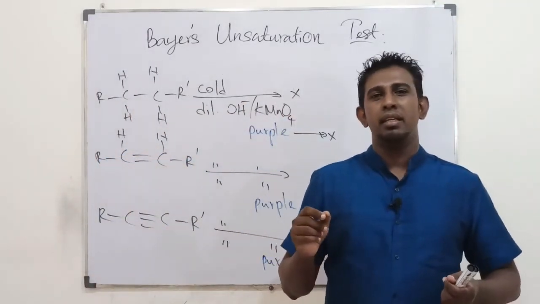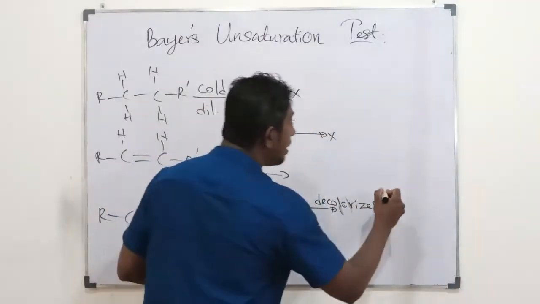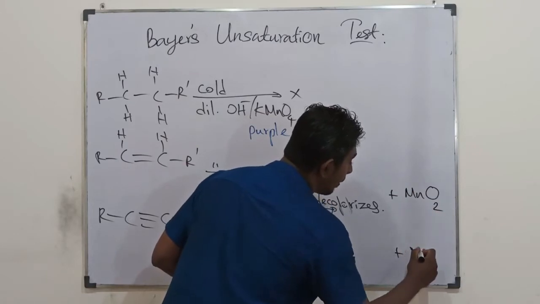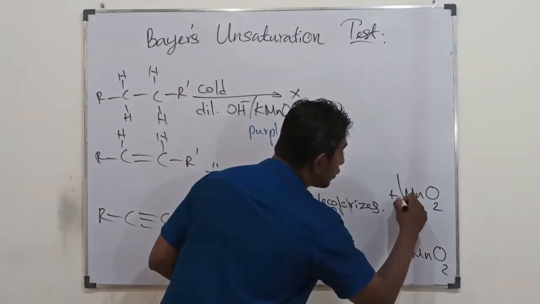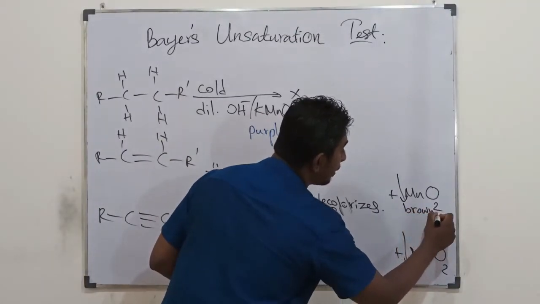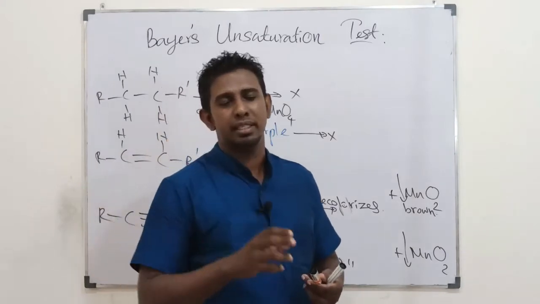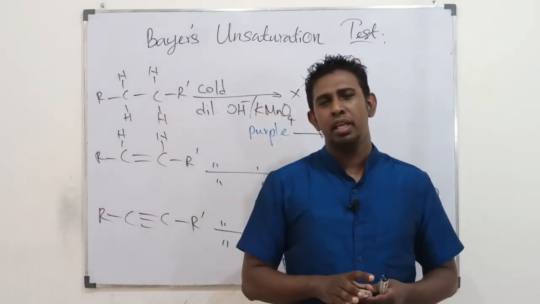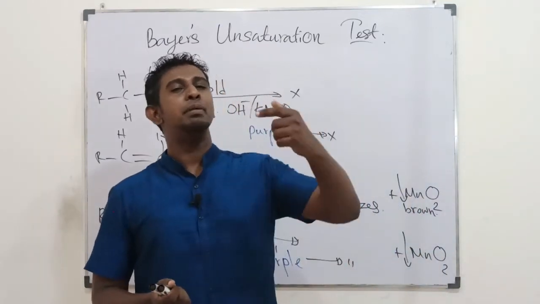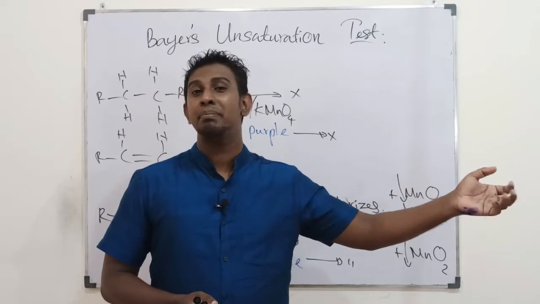It would get reduced itself. It would get reduced into MnO2 in alkaline media, plus 4 oxidation state. Therefore, it's possible for you to observe a brown colored precipitate. MnO2 is a dark brown, water insoluble solid. So you can observe a brown precipitate as well, while the purple color of potassium permanganate is decolorized.